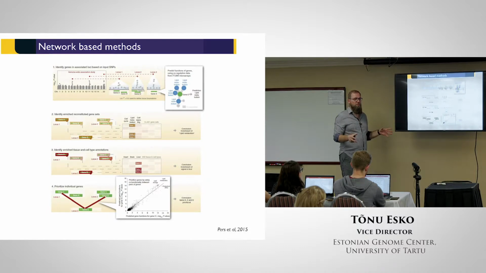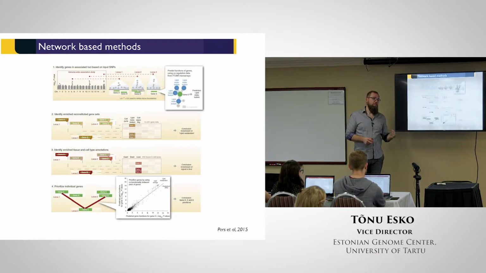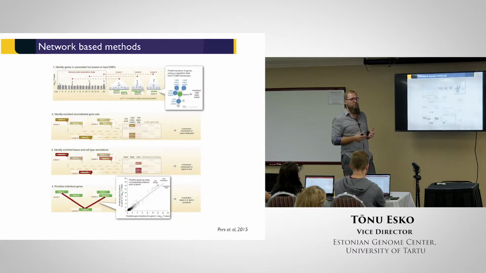Because how is it constructed? The team downloaded all the gene expression profiles available at the time. It was like 80,000 or almost 100,000 gene expression profiles. And then they constructed a lot of co-expression networks.